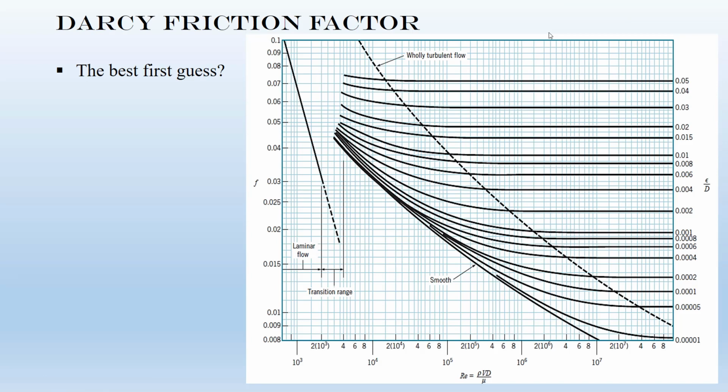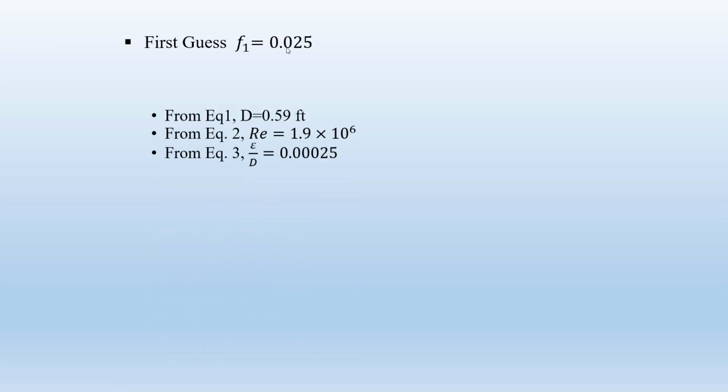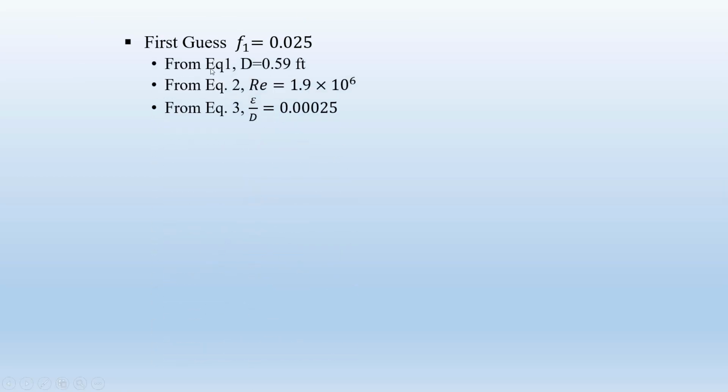Okay, what is the best first guess? I told you, we have nothing to make a decision, but probably the best value is something between 0.02 and 0.025. So I started with 0.025. This is my initial guess. Then by using equation 1, I found the diameter, equation 2 the Reynolds number, and equation 3 epsilon over d. Correct? Now I have Reynolds number and relative roughness, so I can find the new f.